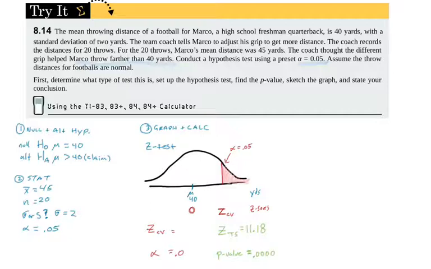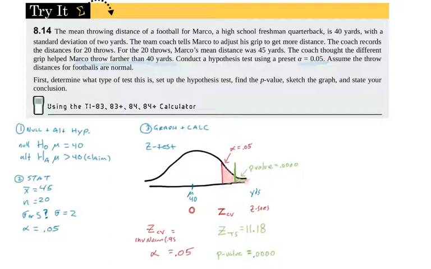And now the p-value is not really 0. We're rounding to about 4 decimal places, so it's very, very small. Our alpha is 0.05, and let me label that p-value there. So it's going to be just that little area right inside there. So very, very small amount in there. That's the p-value.